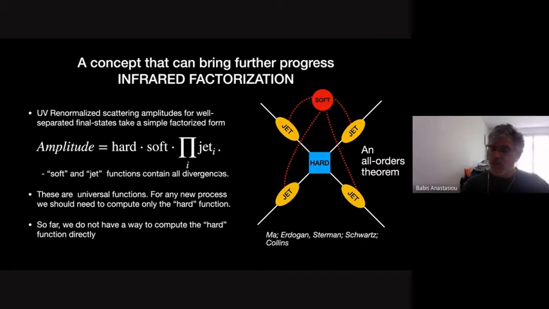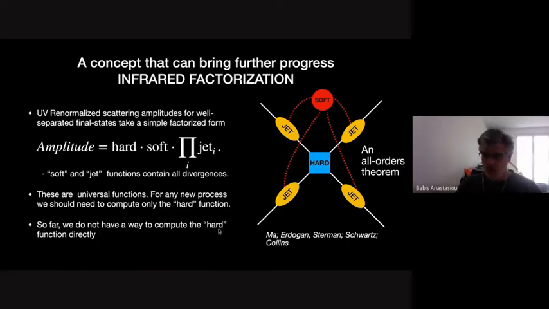What is nice about this factorization is that it is universal. It applies to every process as long as the scattering is at wide angles, as long as you have large energy transfers. So this is nice, but paradoxically, we don't use this information when we calculate amplitudes.